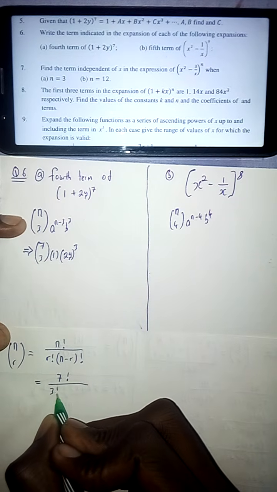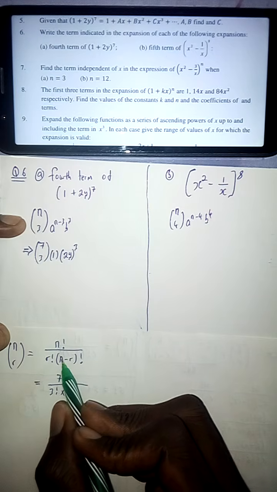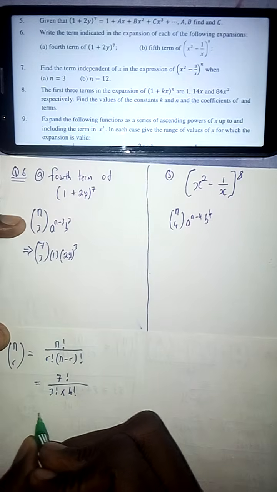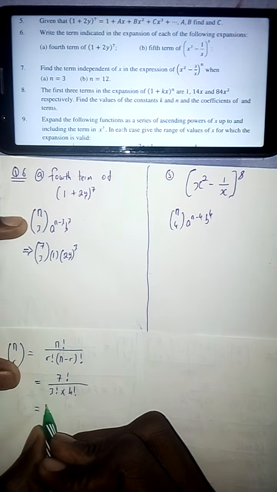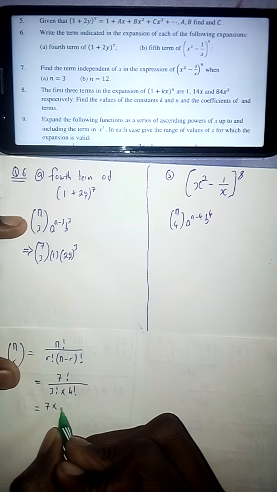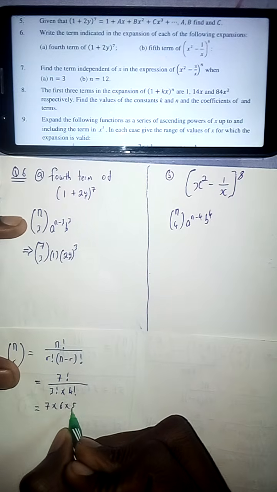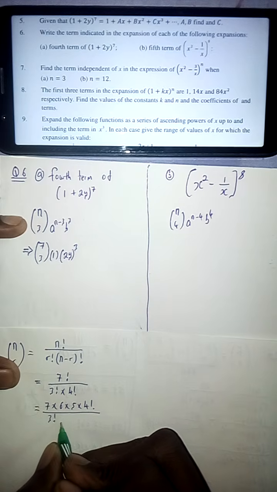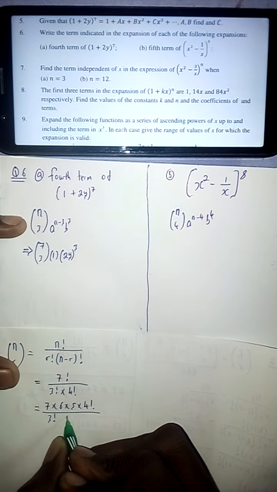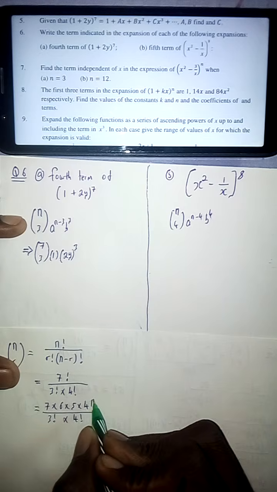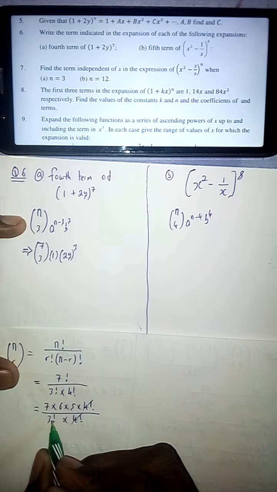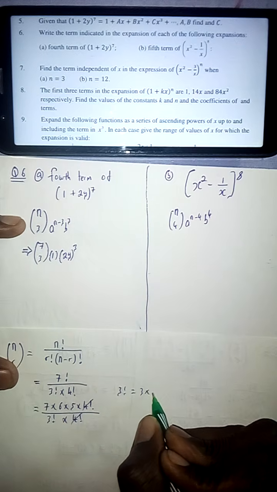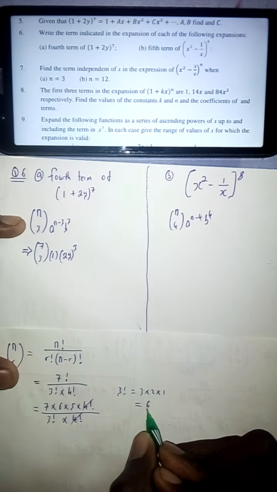R will be 3 factorial, multiplied by n minus r, which is 7 minus 3, that's 4 factorial. So on top we're going to have 7 multiplied by 6 multiplied by 5 multiplied by 4 factorial, over 3 factorial multiplied by 4 factorial. 4 factorial cancels. 3 factorial is equal to 3 times 2 times 1, which is 6.